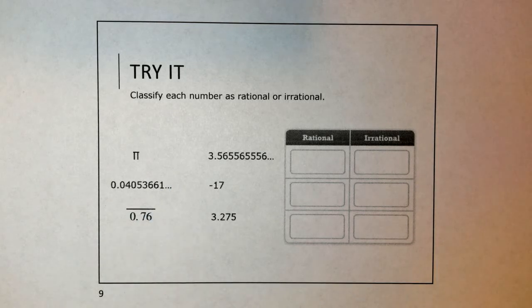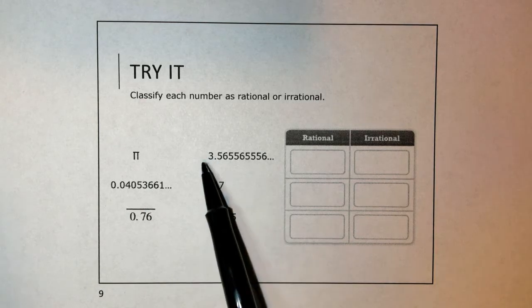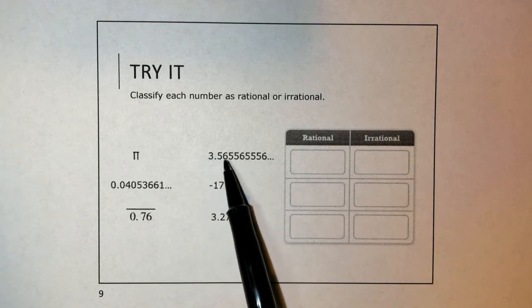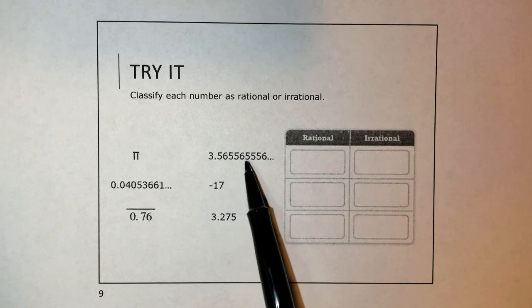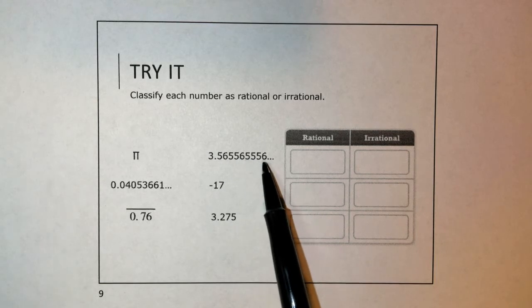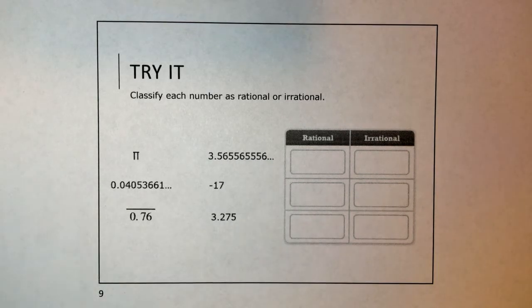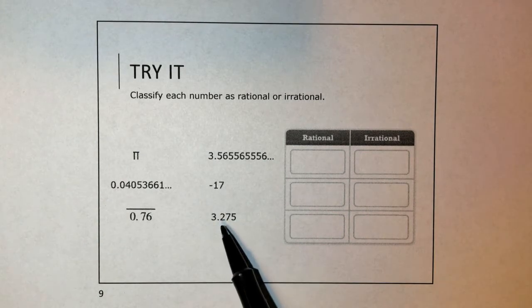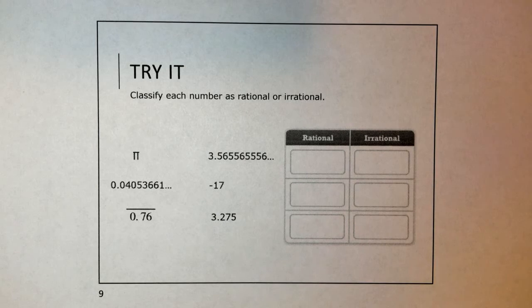So that means it's repeating. And then here 3.56555556, and those three dots means it's going to keep on going, so that's not terminating. Negative 17, and then 3.275. So we have to determine whether they are rational or irrational.